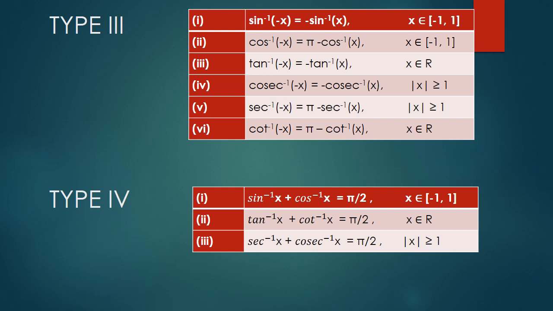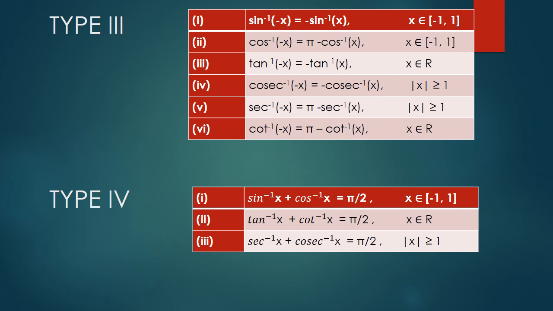Third type of formula: sine inverse of minus x is equal to minus sine inverse x. Cos inverse of minus x will be equal to pi minus cos inverse x. Tan inverse of minus x will be equal to minus tan inverse x.